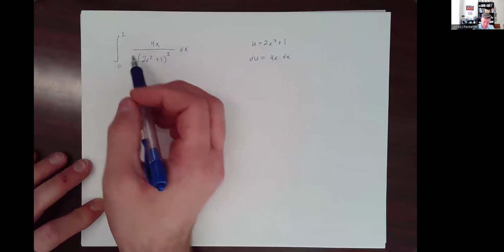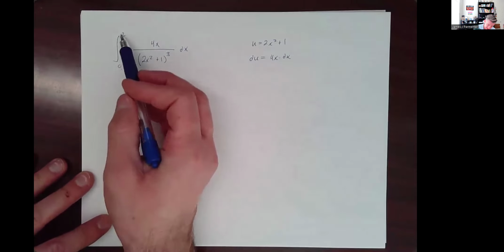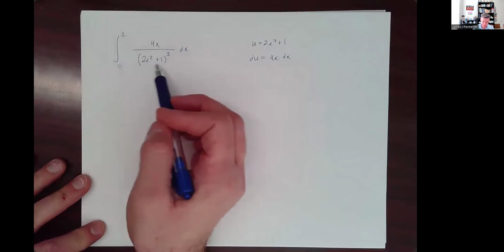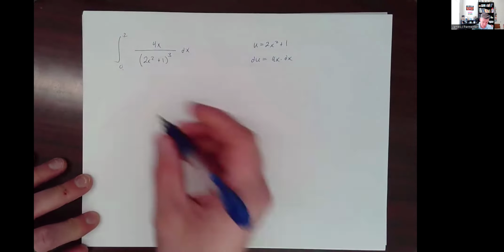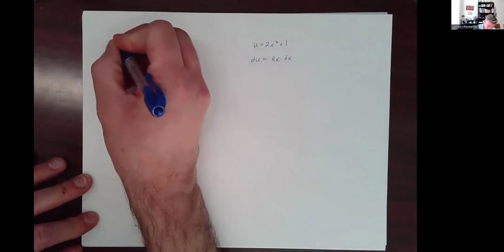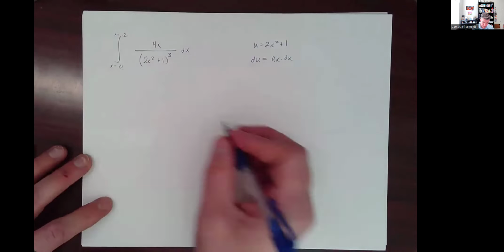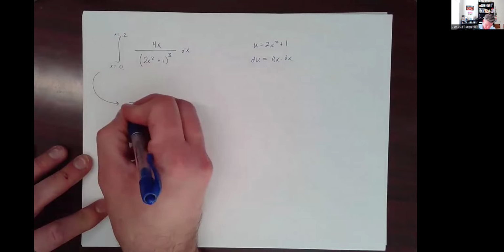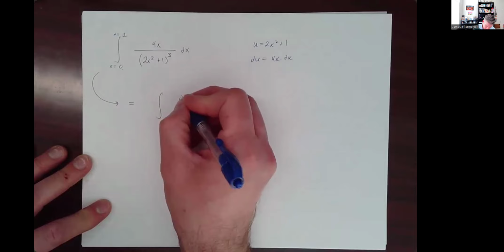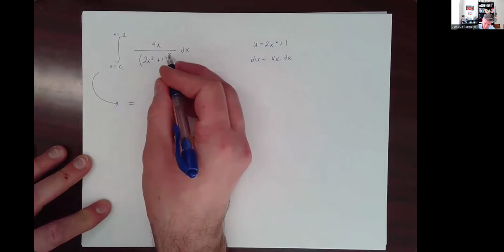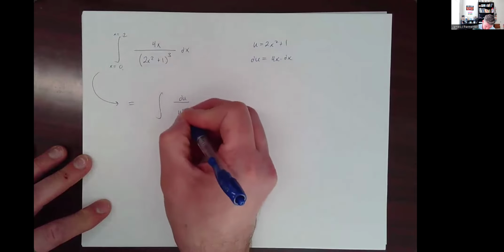I'll point out, this is the integral from x equals 0 to x equals 2 of 4x over (2x squared plus 1) cubed dx. I'm going to change things to the language of u, and that includes changing the limits of integration to be u values. So when I rewrite this integral, first of all, the 4x dx is my du. The 2x squared plus 1 is my u, so I have a u cubed on the bottom.